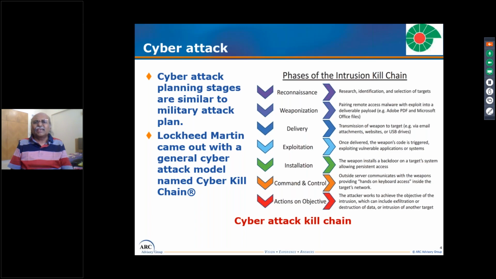And then delivery is through some kind of a delivery mechanism. It can be from the command and control center itself, or it can be from email attachments, websites, and USB drives. In one of the attacks, the attacker went to the vendor website where the vendor files or patches are stored, and he put his malware there.